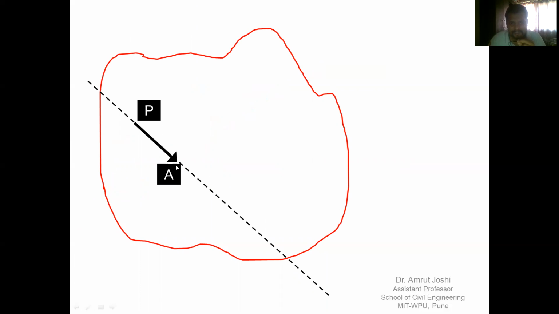On this body, I have considered point A, and at this point A, we are applying force P. I have extended the line of action of force P beyond the body, and we are asking ourselves a question: what is the effect of this force P acting at A on the body at point B? To understand its effect, you can perform a simple thought experiment. You can pin the body at point B.